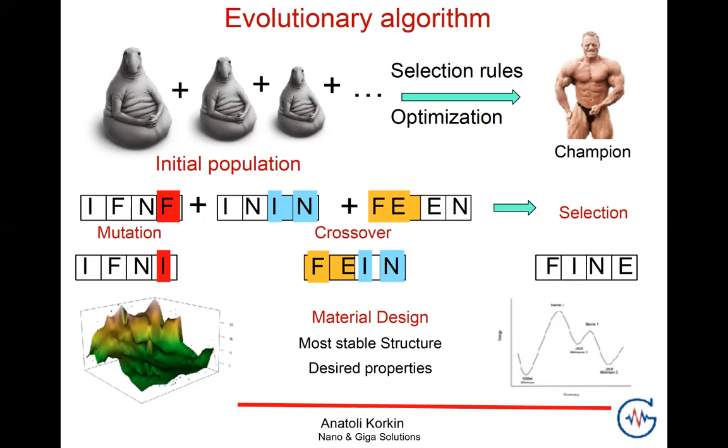The evolutionary algorithm assumes that you start from a certain selection, or a random selection, or some initial selection of material structures, and then you modify them and see the outcome. And then step by step, you select the property which is most desired.